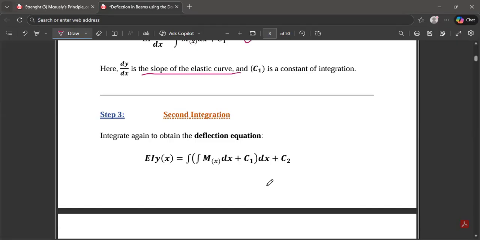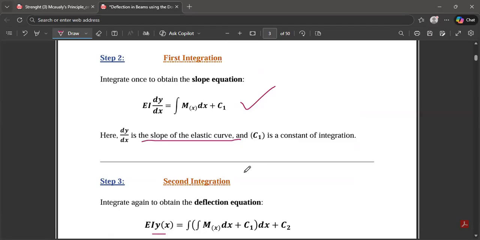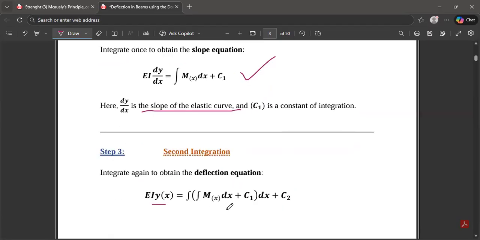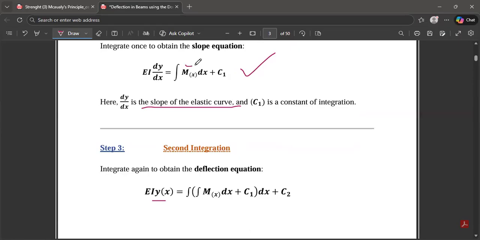Okay, exactly. Also, in our step 3, we are going to do the second integration, and the second integration is what is going to give us our deflection equation, which is what? The y you are seeing over here. And you see that in this case, they just put the first integral in the second integral. It's not anything too scary. They just came to put the whole of this in this formula. Those who have been using the laptops, I know you should be very much familiar with this, okay.